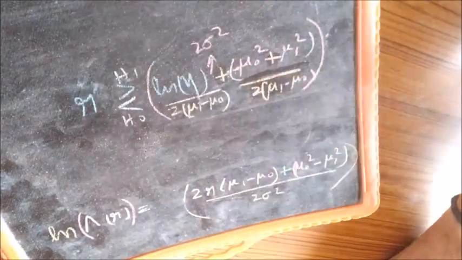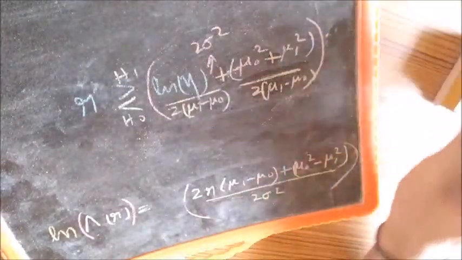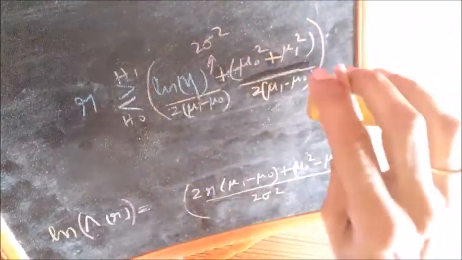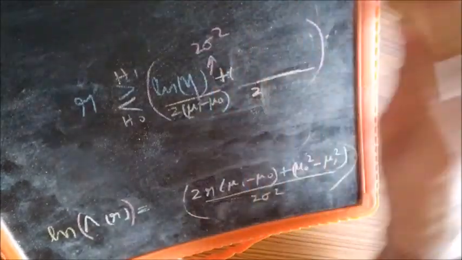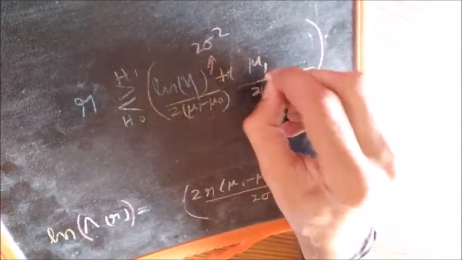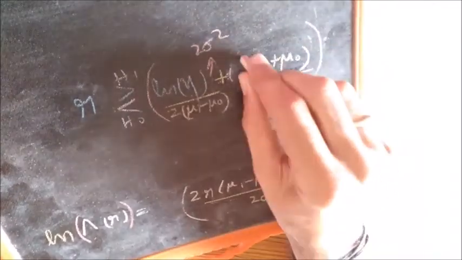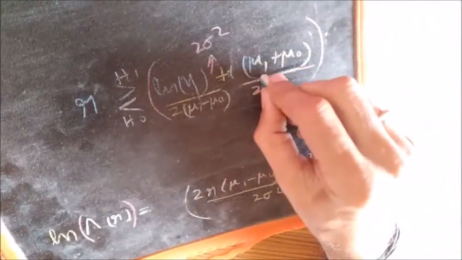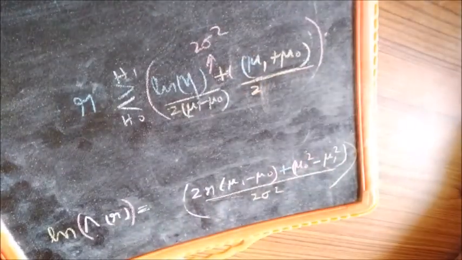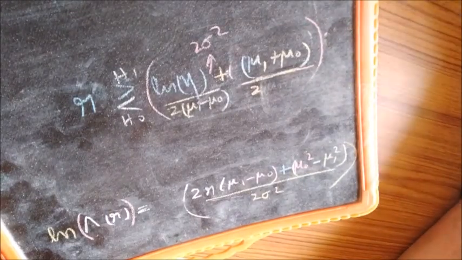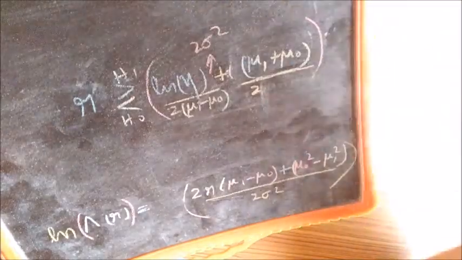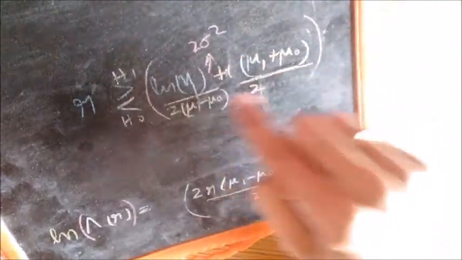You have mu1 square minus mu naught square, and there is a well-known relation using which you can write this as mu1 plus mu naught, right? Because mu1 plus mu0 into mu1 minus mu0 gives mu1 square minus mu0 square. So I have used that relation and simplified the second term on the right hand side.